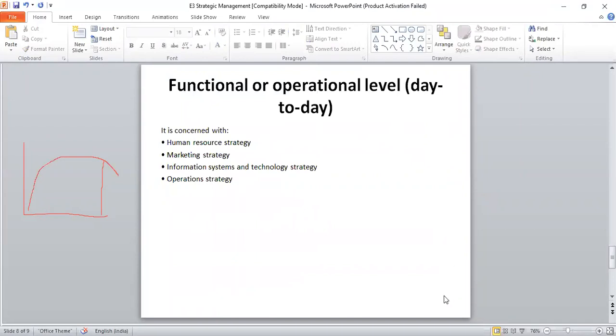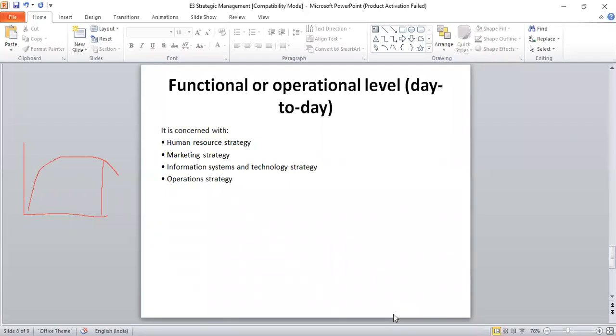Then we see the functional or operational level. Operational level is the level at which the implementation happens. So they implement the plan. For the implementation part of it, they are concerned with human resource strategy, marketing strategy, information systems and technology strategy, and operational strategy.